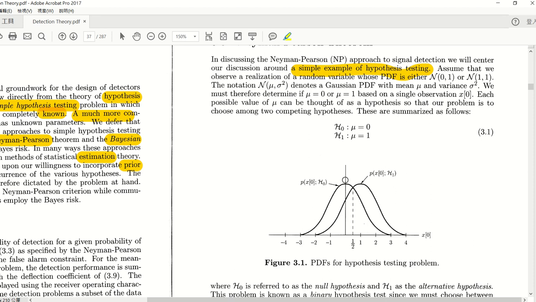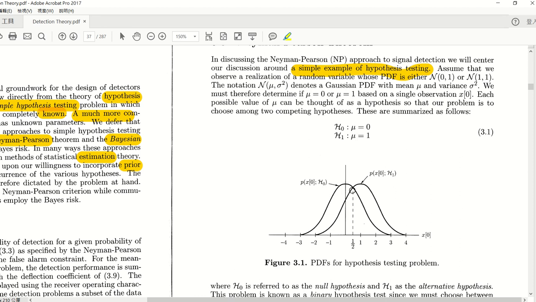So you see things like this. It has 0 mean and variance 1. Variance is like the width of this distribution. And then if mu is equal to 1, then the mean is 1, like this, and the variance is 1. So you see a distribution like this, and then another distribution like this.